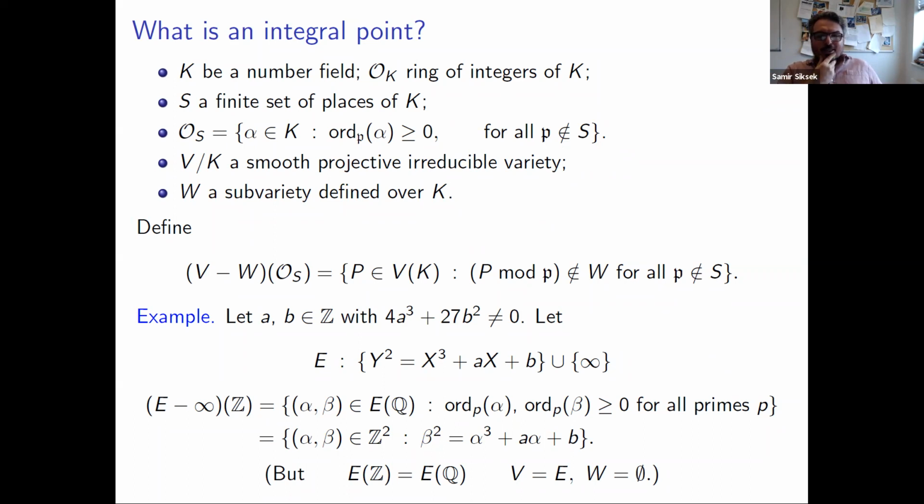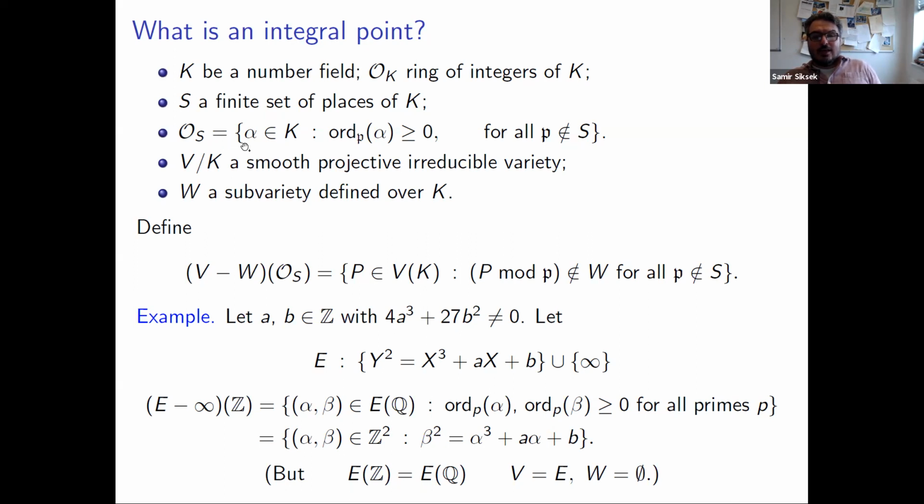So what's an integral point? We're going to have K be a number field, O_K its ring of integers, and S a finite set of places, and O_S the ring of S-integers.